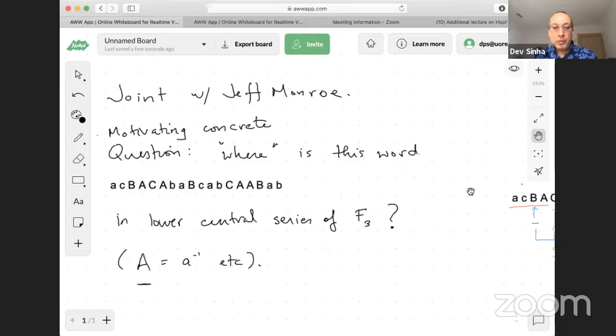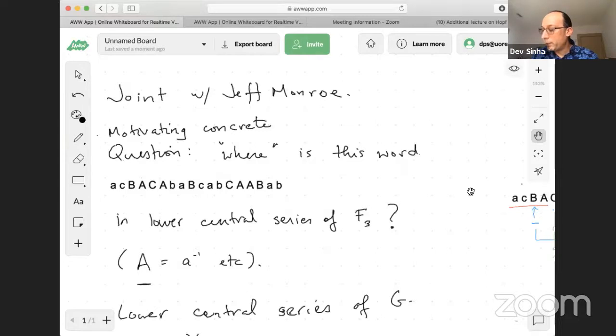So what the lower central series is, and this is true for any group, is the following. Well, you just start simply enough.